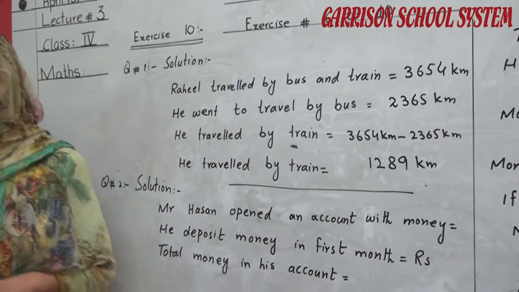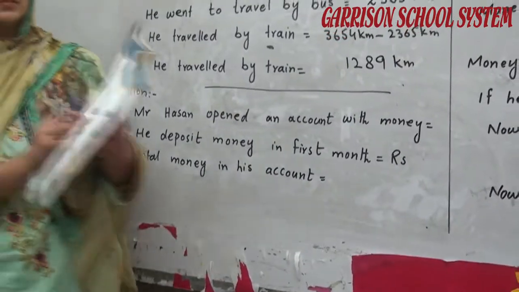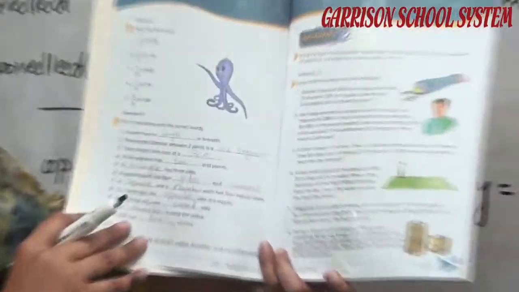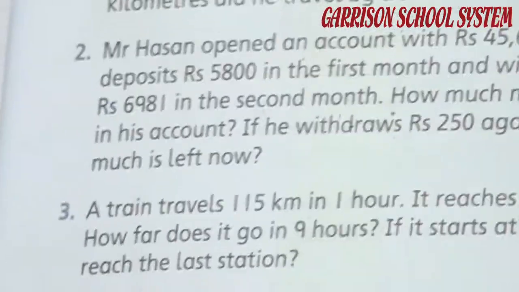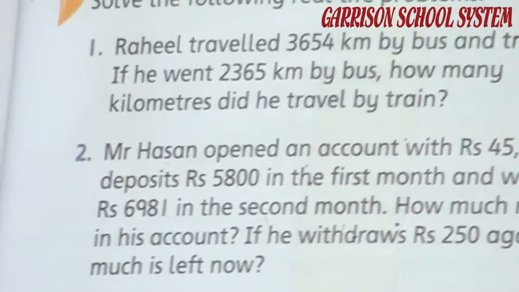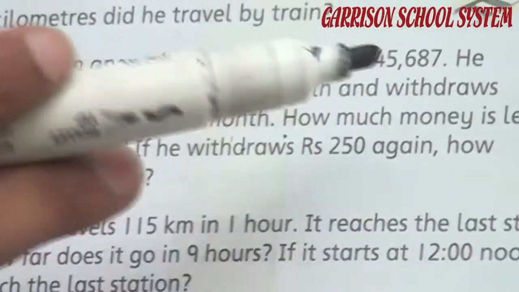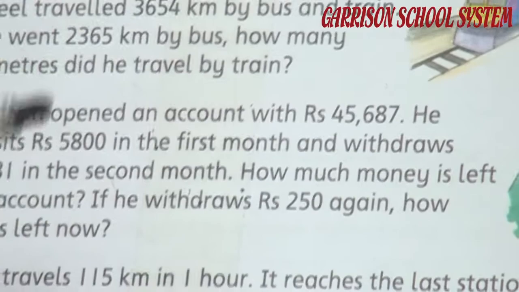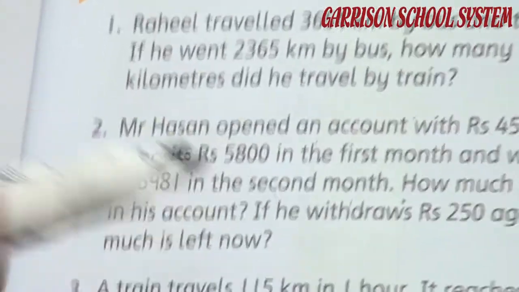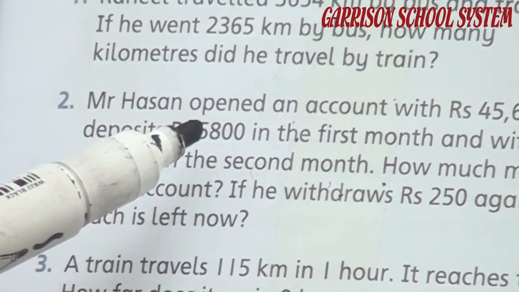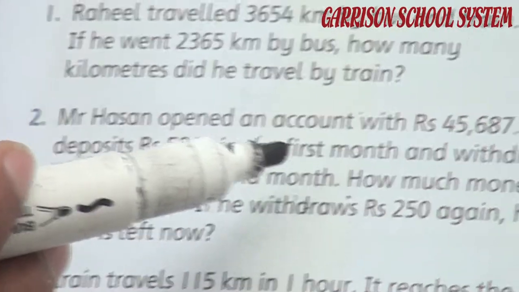Now let's solve the next question. Mr. Hassan opened an account with rupees 45,687. How many rupees? 45,687. After that he deposited 5,800 in the first month.